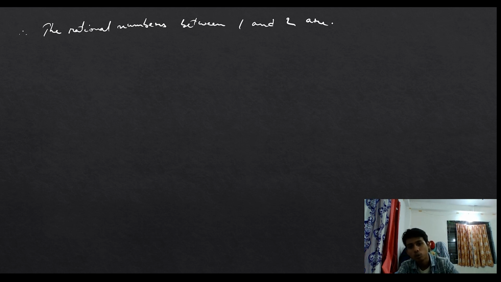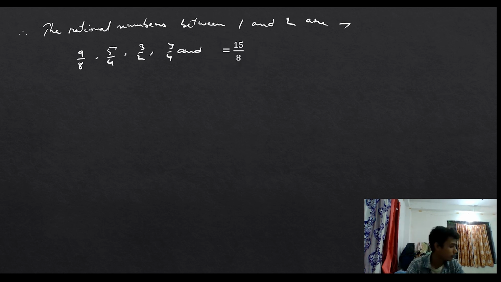Therefore, the rational numbers between 1 and 2 are 9 by 8, 5 by 4, 3 by 2, 7 by 4, and 15 by 8.